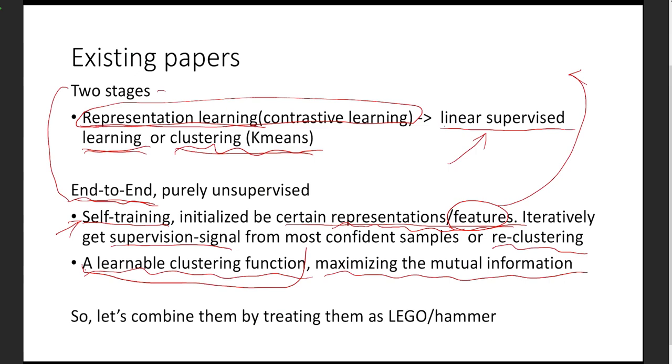So in this paper, they also consider two stages. One is the feature learning, representation learning, as the first stage. Then they use a learnable clustering function.